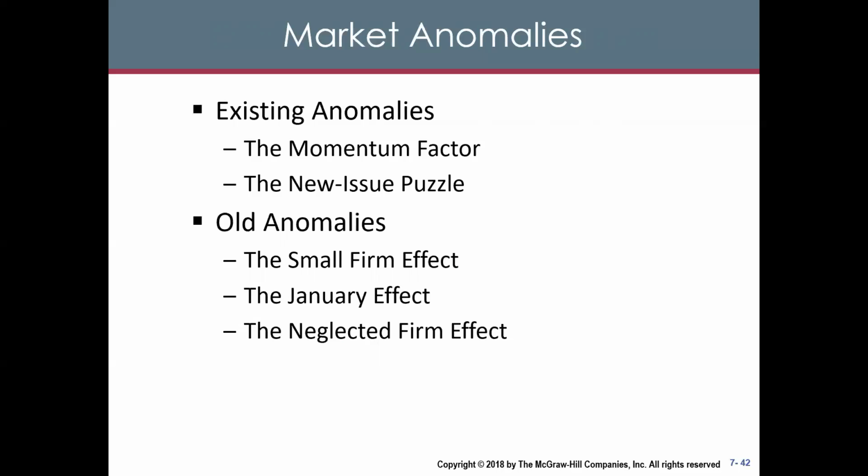And there's the neglected firm effect, which says neglected firms have a higher return compared to star firms, the more heavily researched ones. Those three no longer give you excess return right now.